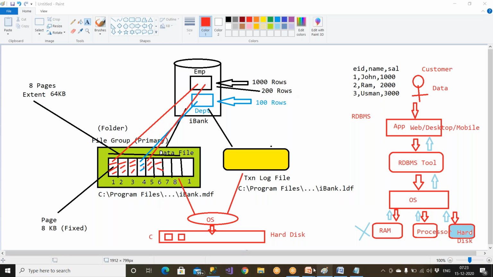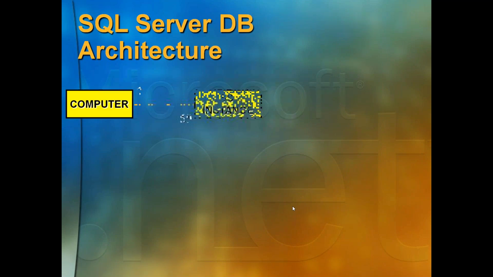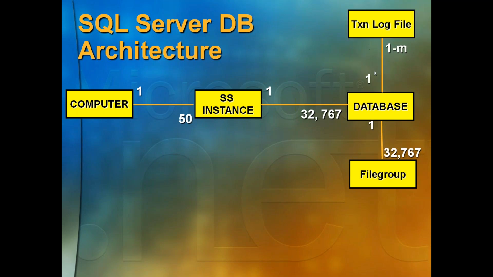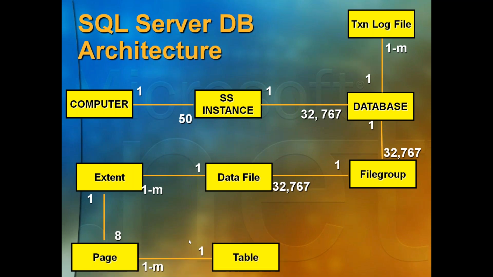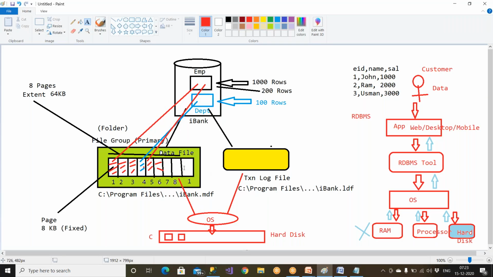So this is what we have discussed. Clear? Whenever you create a database, by default one file group, by default one transaction log file, and one data file will be available, and one data file will have one or more extents, and one extent will have 8 pages. One table's data is occupied in one or more pages, right? If you see the diagram, you can understand.